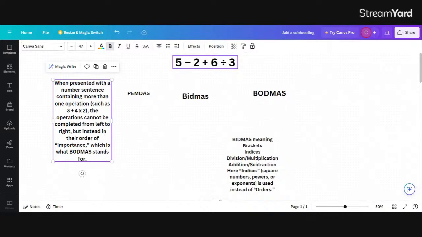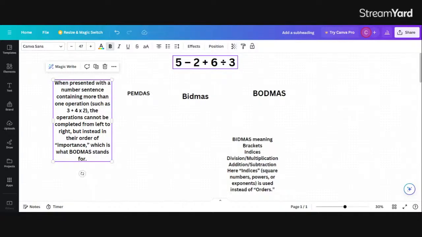The first rule of PEMDAS, BIDMAS or BODMAS states that when presented with a number sentence containing more than one operation, such as 5 minus 2 plus 6 divided by 3, the operations cannot be completed from left to right, but instead in their order of importance.